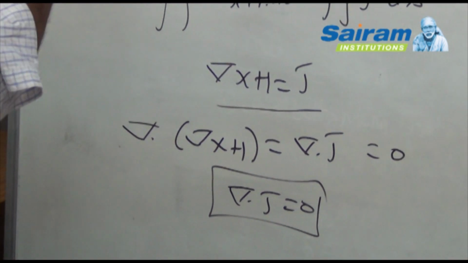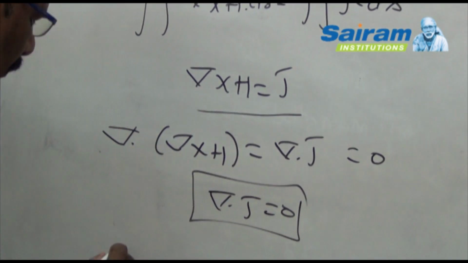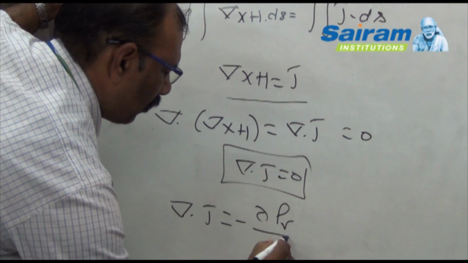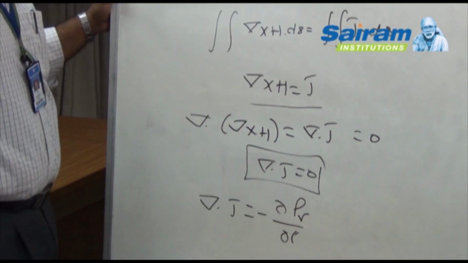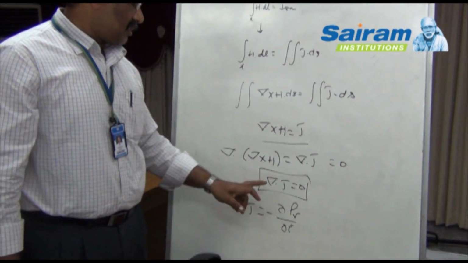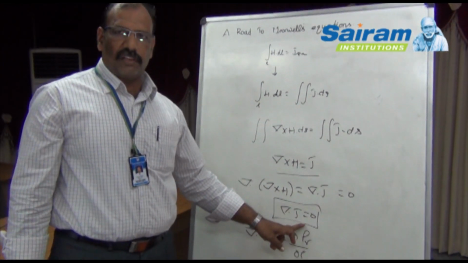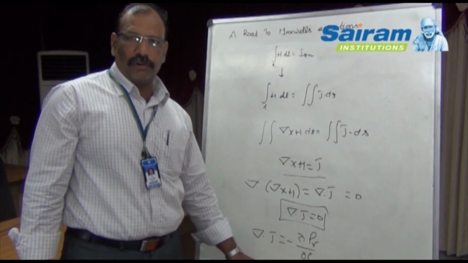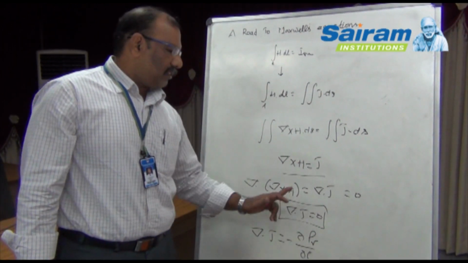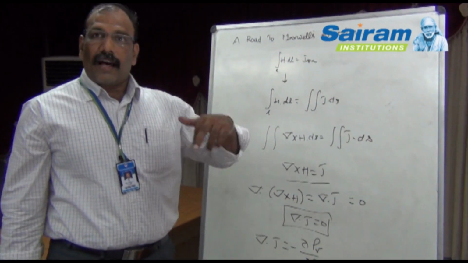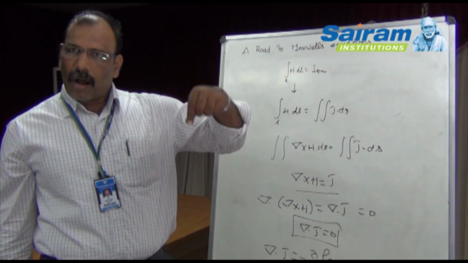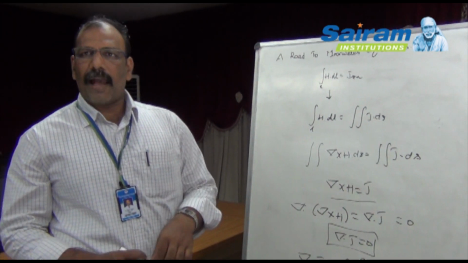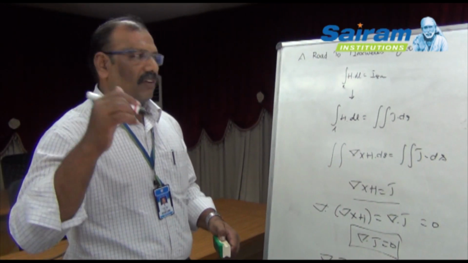Then from the continuity equation, divergence of J equal to minus dou rho V by dou T. There is a controversy between divergence of J equal to 0 and divergence of J equal to minus dou rho V by dou T. So Maxwell combined these two concepts to make another equation, so that Ampere's law is modified into another form. That's why it's called modified Ampere's law. That is the contribution of Maxwell.